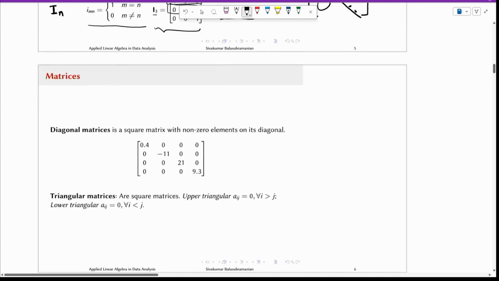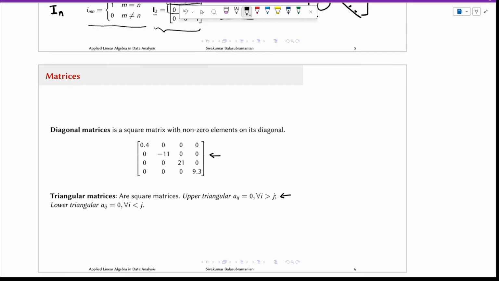So that's the identity matrix. Diagonal matrices, on the other hand, are similar to identity matrices, except that the diagonals are just non-zero and off-diagonals are all 0. Something like this. And whenever people talk about a diagonal matrix, they are talking about a square matrix. Next are what are called triangular matrices. These are again square matrices, except one set of elements is 0, everything else is non-zero.